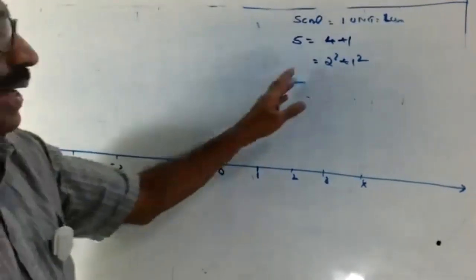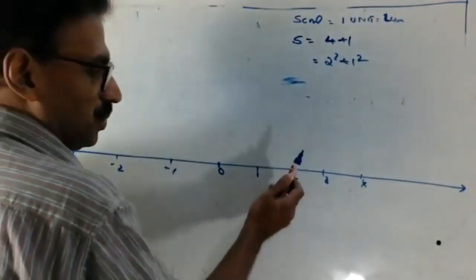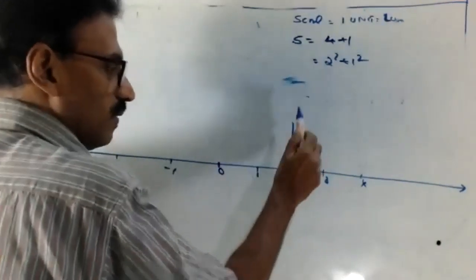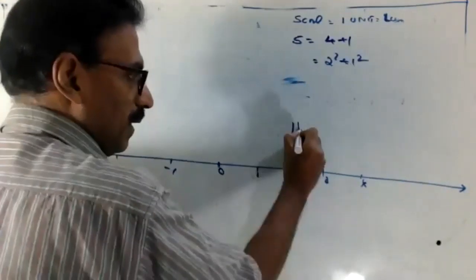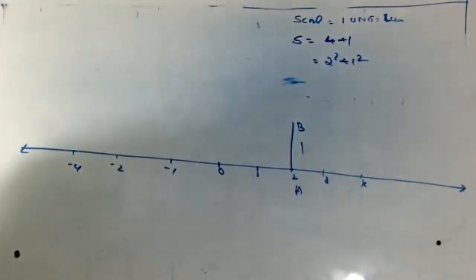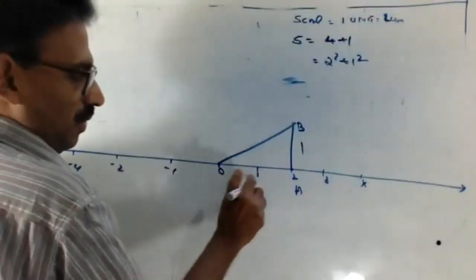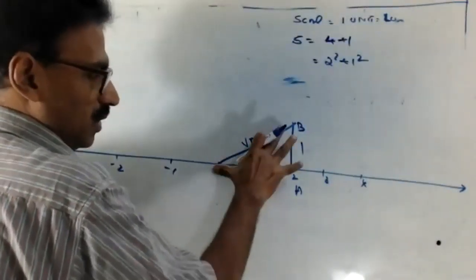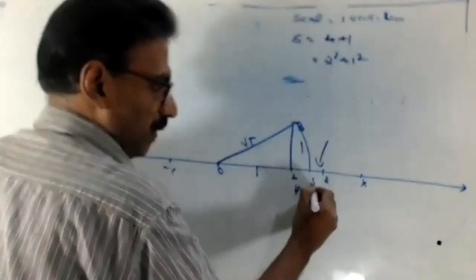Now we can take base as 2. Not necessarily base 2, I took base 2 here. Here 1. This is 2. Here 1. So A here, B here. Same idea as root 2. Join this one. This is now root 5. Take the compass, make an arc. This will be root 5.